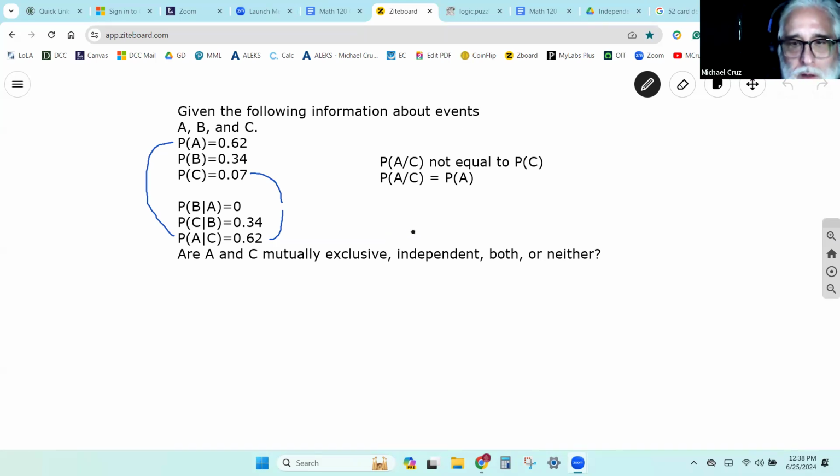So there are two possibilities here for equality. Here, these are also equal. So 0.62, the probability of A and probability of B, are equal to these two. Let's see what we can figure out about those.